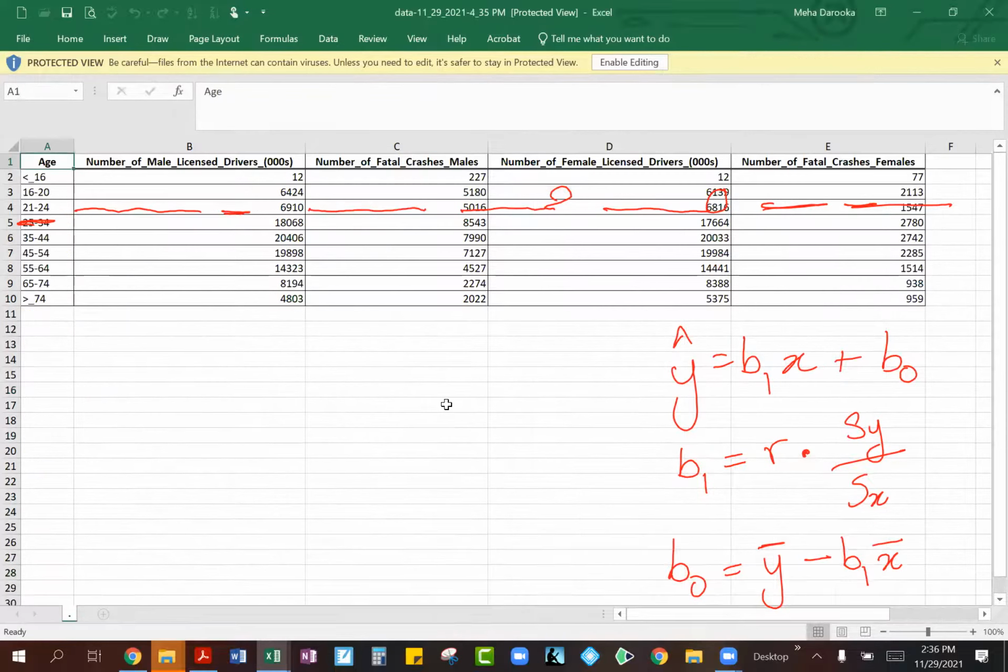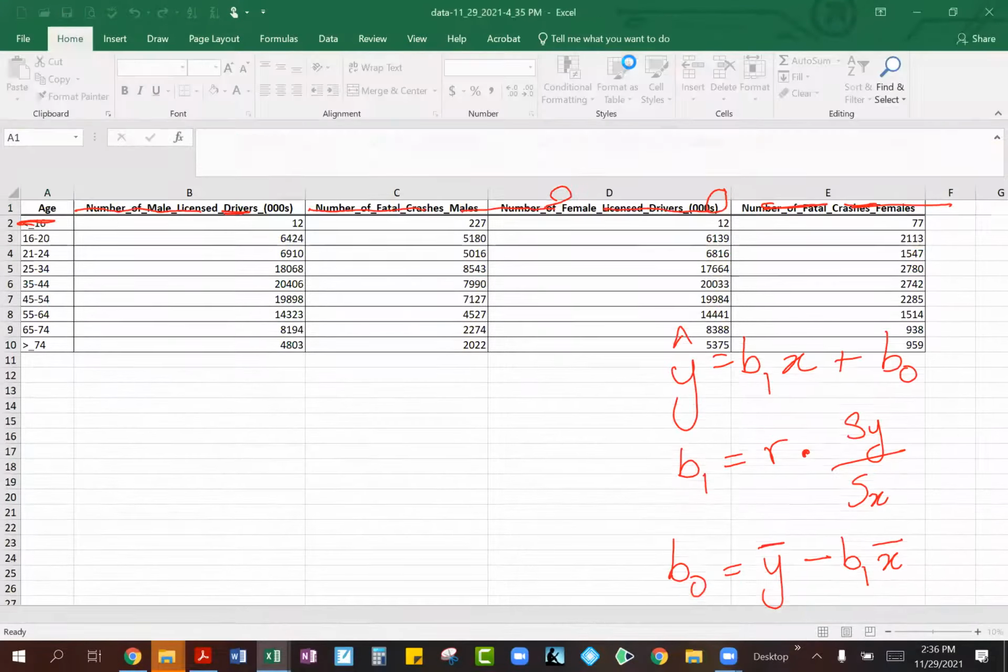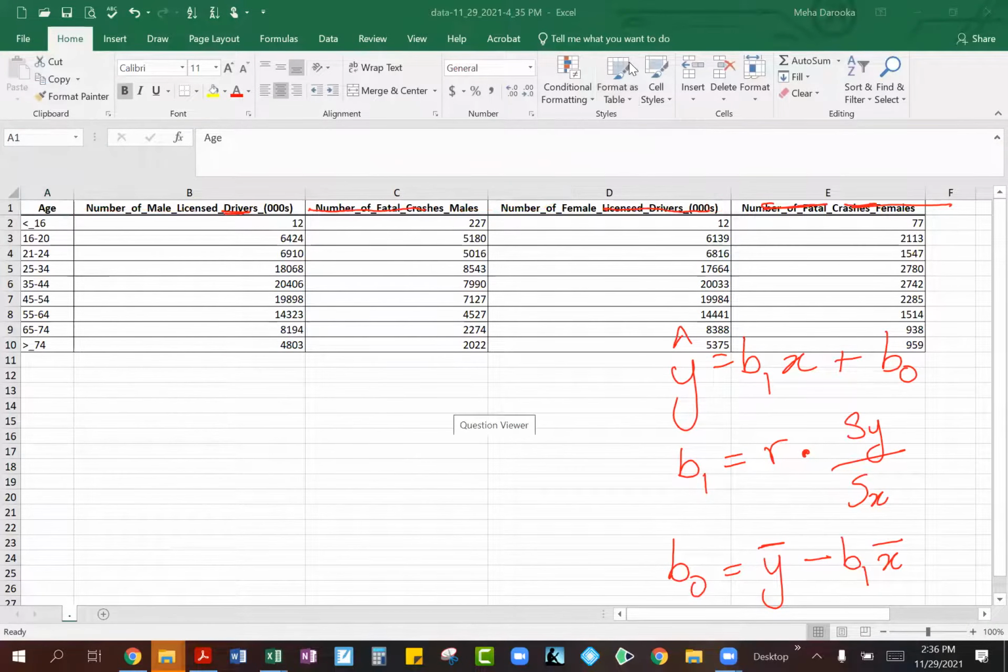Okay, so make sure you're enabling editing. And let's get rid of some of these lines here. Okay, and I'm going to leave the equation so we can have that to look at.